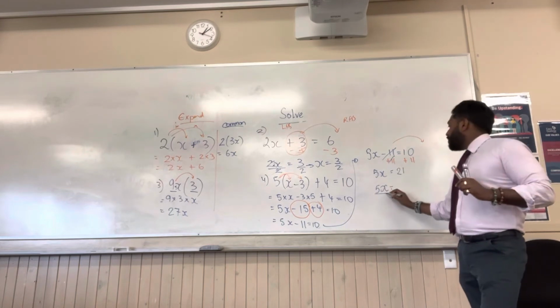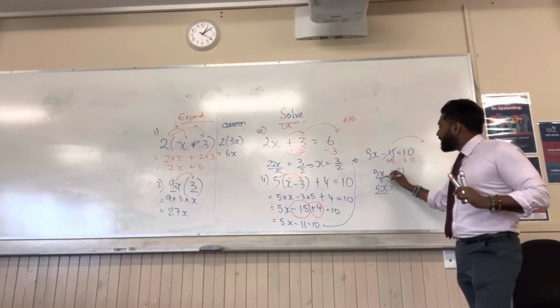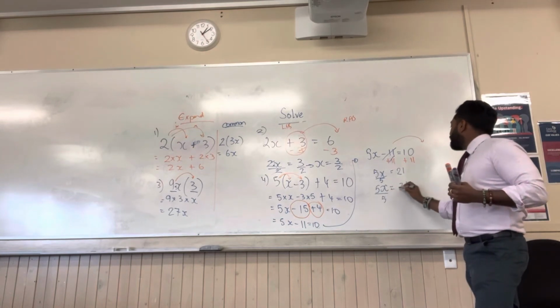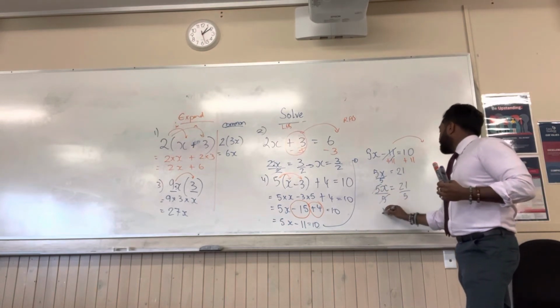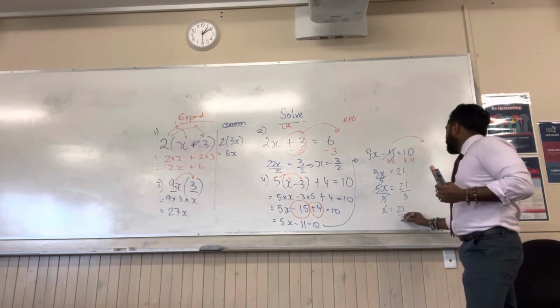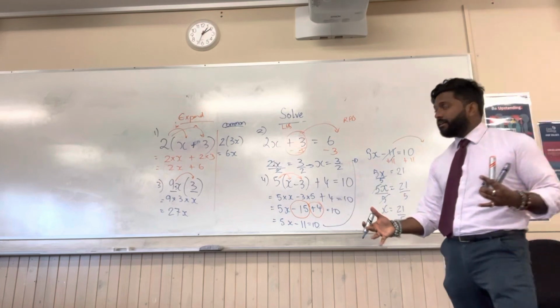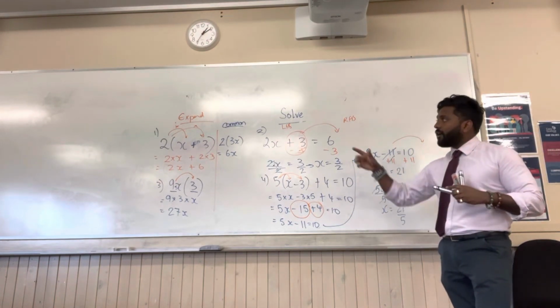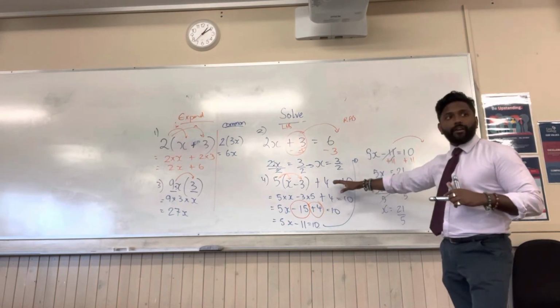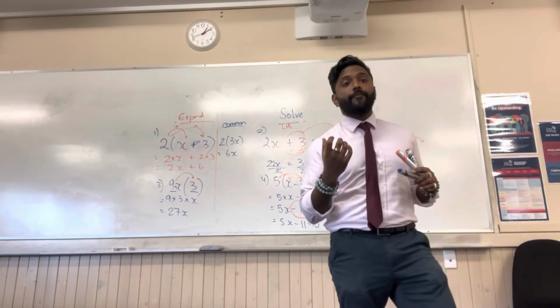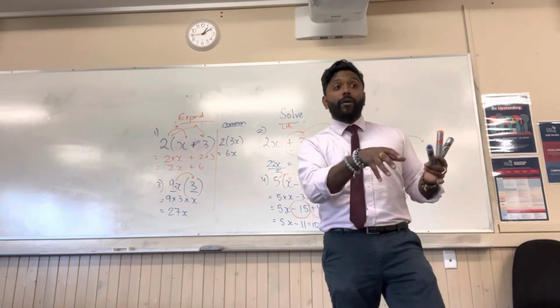Divide by 5. This is a really important step. Now you're left with x is equal to 21 over 5. That is basically what you're going to be doing in this scenario. So you're going from expanding to now solving. I'm going to go through the next step now, which is fractions. How do you solve when there is a fraction?